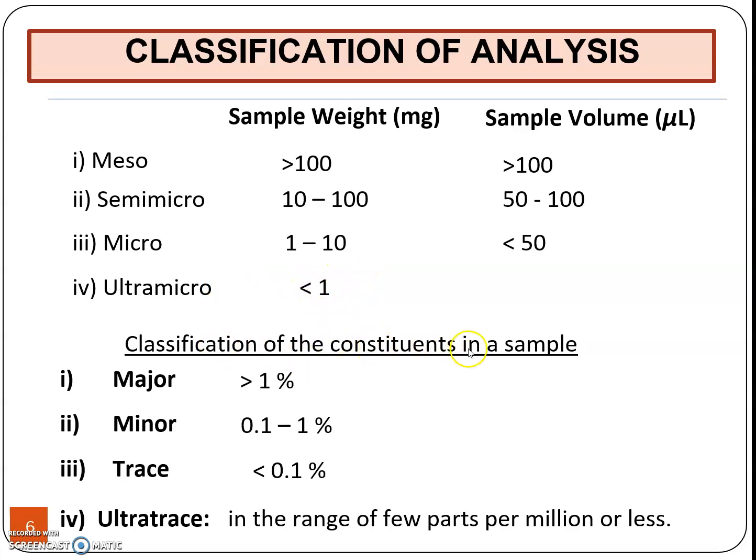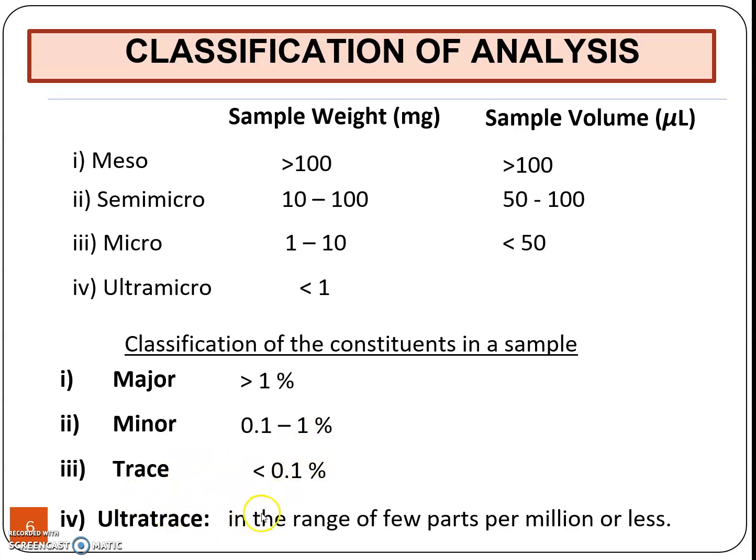For constituents in a sample, if major, it is more than 1%. For example, in the sample you want to study water hardness, and there is calcium, how many percent. If more than 1% in that sample, we categorize it as major. Minor is 0.1 to 1%, trace is less than 0.1%.